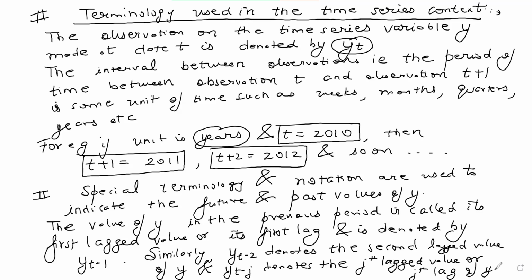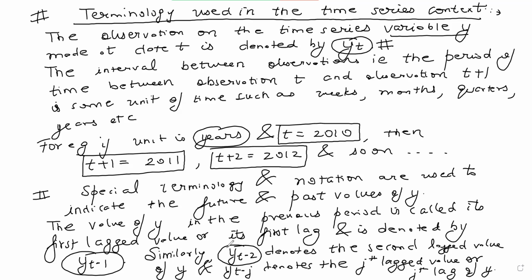I'm repeating the whole thing again. In this particular slide, we are looking at how to use terminology involving time series data. Suppose the variable of attention is variable y, which has a temporal ordering. That means the variable y evolves over time. Yt denotes the value taken by variable y at the time period t. Yt minus 1 is the value taken by variable y with a 1 period lag, that means yt minus 1 period before.